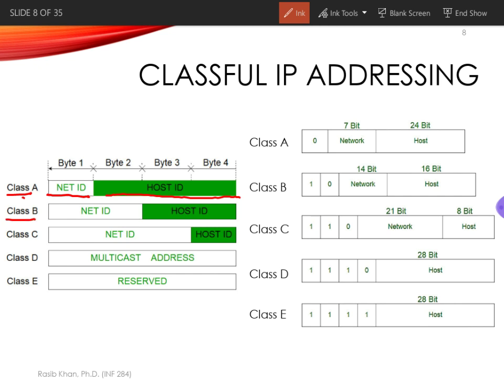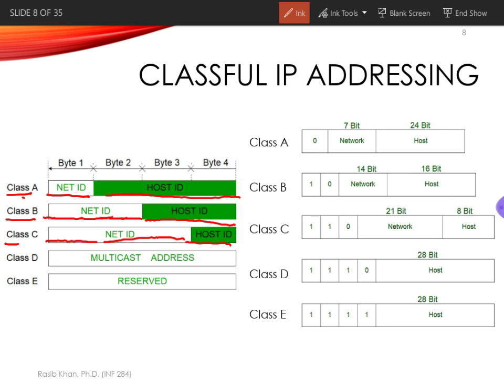The second class, class B, has 2 of its octets, that means 16 bits, going into the network ID part, and the remaining 2 octets, that is another 16 bits, into the host ID part. Then class C has the network ID as 3 octets, that is 24 bits, and the remaining 1 octet, that is 8 bits, into the host ID.